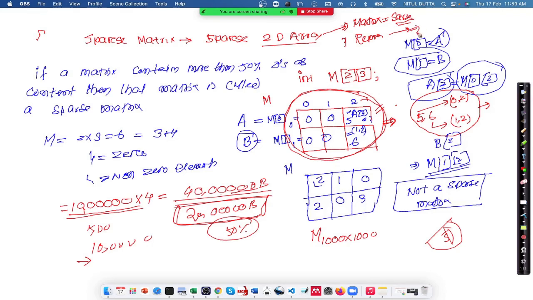One is the representation of the sparse matrix in the form of another matrix, or another 2D array. And the second method is representing the sparse matrix in the form of a linked list. We will not go into the linked list representation in this session. We will go only to the representation of the sparse matrix in the form of another matrix in this session.